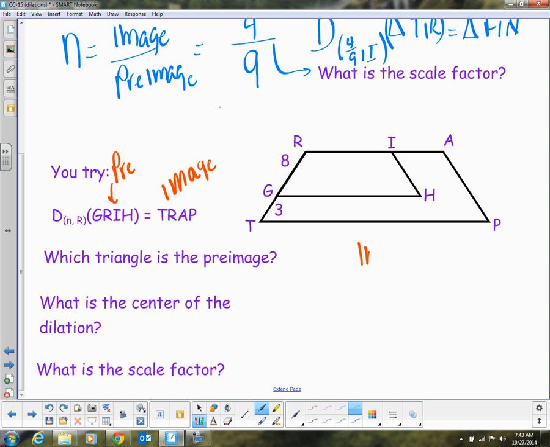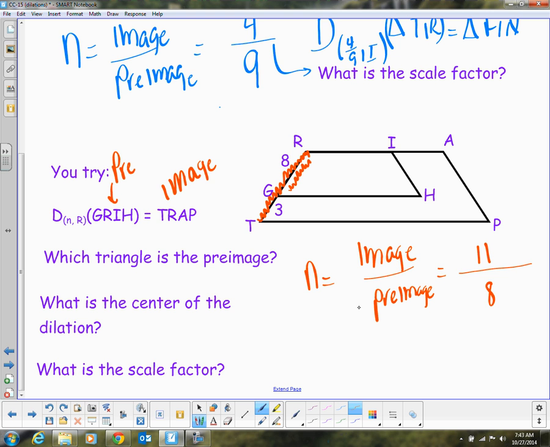Okay, it's image over pre-image. What's the image number? And what is the pre-image? 8. Okay? This whole side is the image, so that's a total of 11.